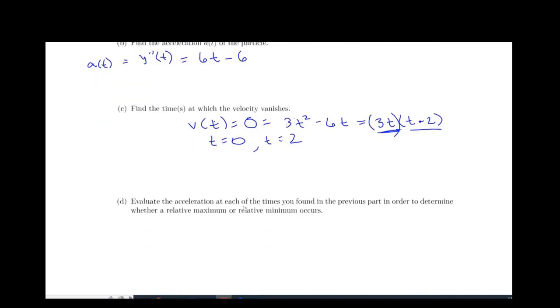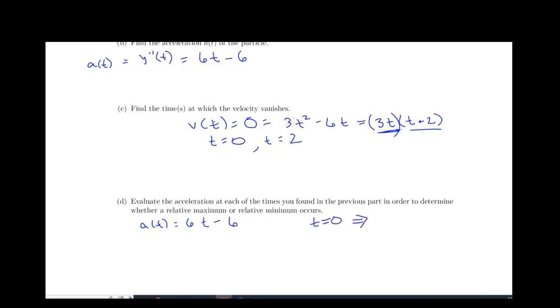Evaluate the acceleration at each of the times you found in the previous part in order to determine whether a relative maximum or a relative minimum occurs. So I have my second derivative, a of t equals 6t minus 6, and I want to use t equals 0.